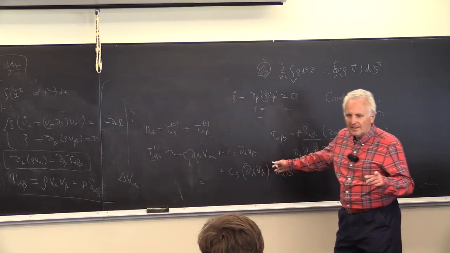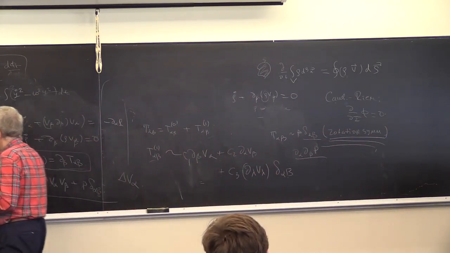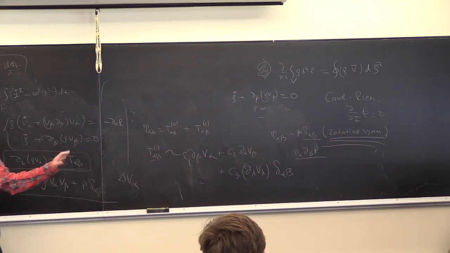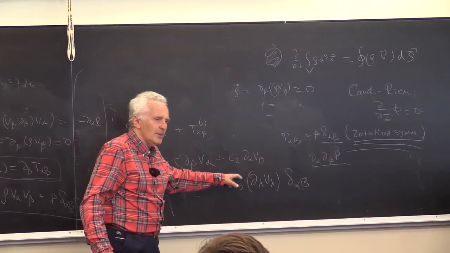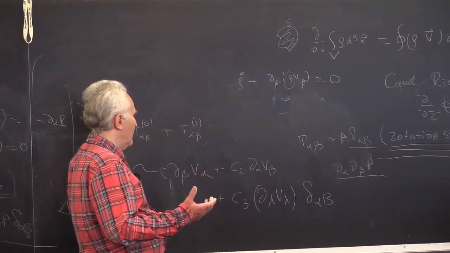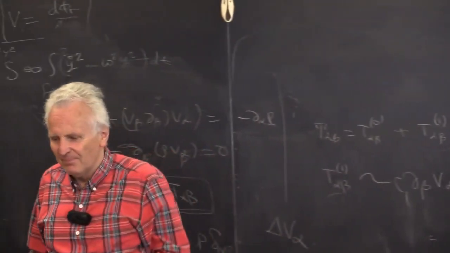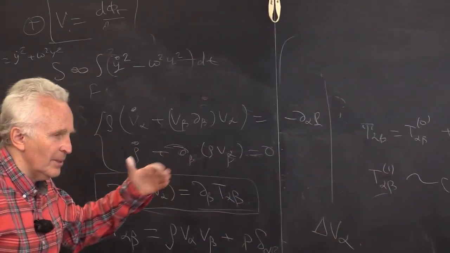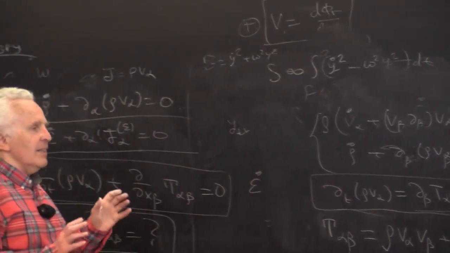And this is the nice tensor expression. Okay, we will continue next time with it. We will see that C1 is equal to C2 because of some physical requirements, and that would be the answer. That would give us the viscous equation. Okay, let's stop here.